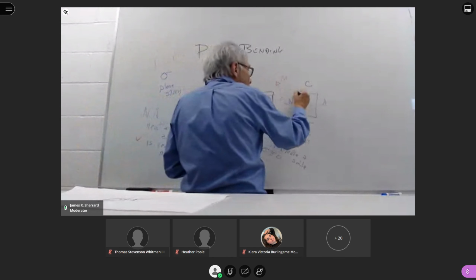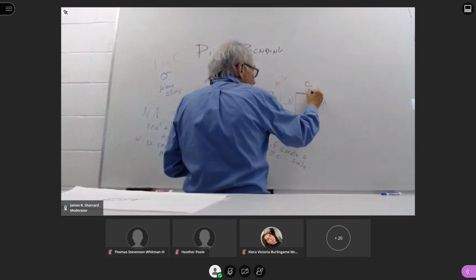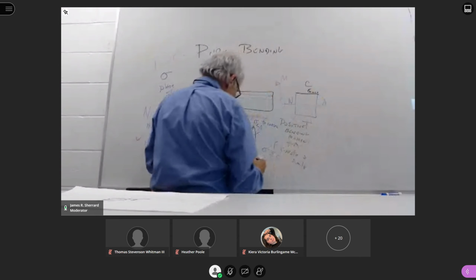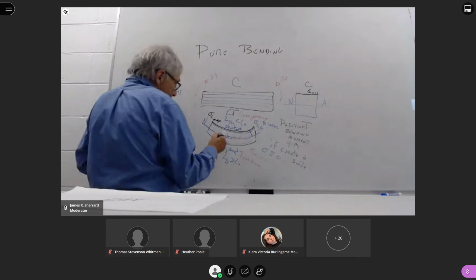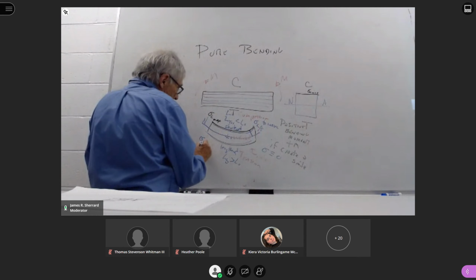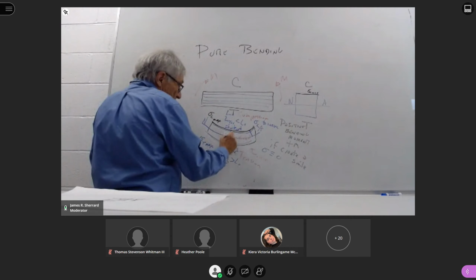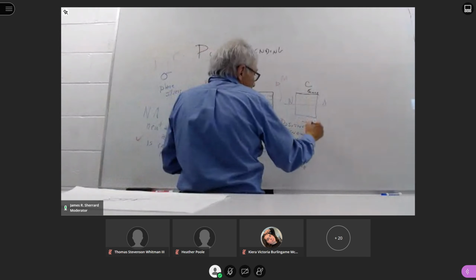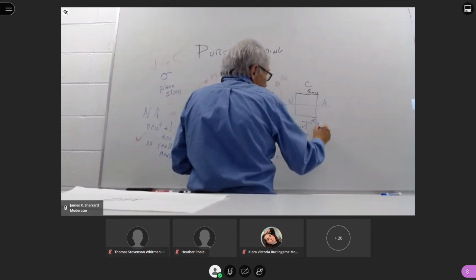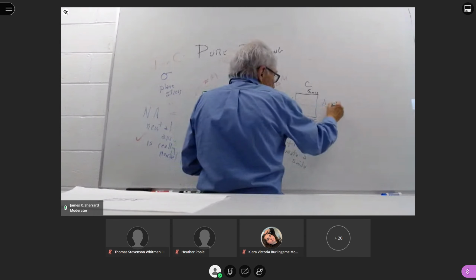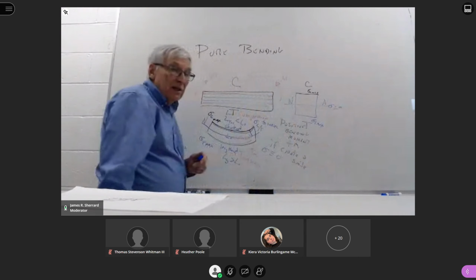In this view, it would show up here, so this is sigma compression max. Over here, we go all the way down, this would be sigma tension max. So over here, this should show up as tension, sigma tension max. And again, along the neutral axis, this is exactly 0.